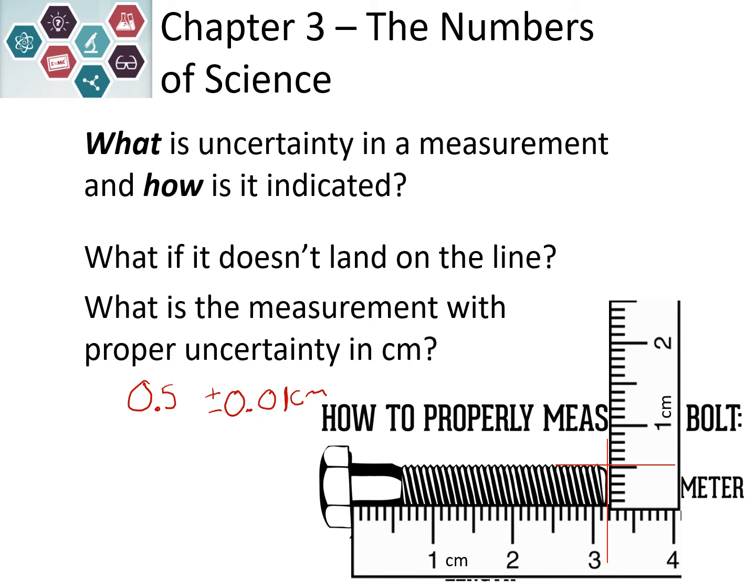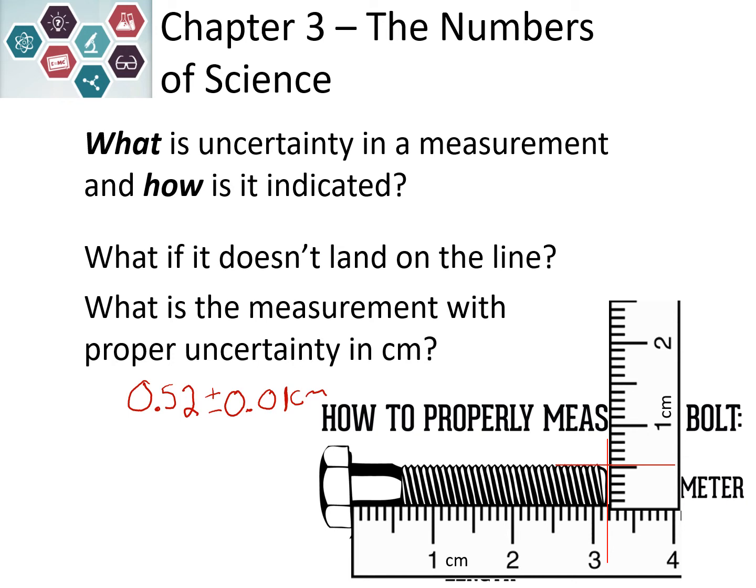We split the space between marks into 10 equal spaces mentally. So this looks closer to the 0.5 than it does the 0.6. So I would estimate this to be 0.52 plus or minus 0.01 centimeters. Now, if you estimated it as 0.53 or 0.51, that is perfectly fine. That's why we have uncertainty in our measurement.